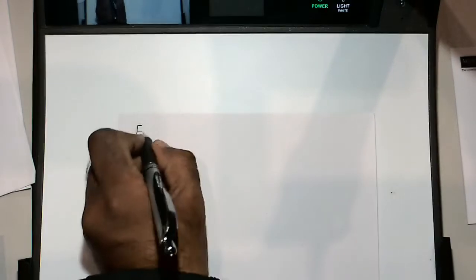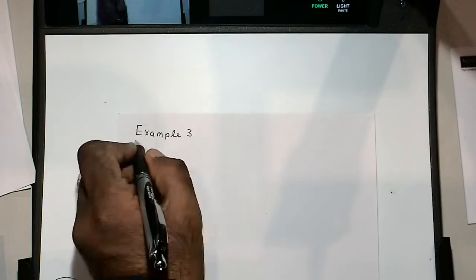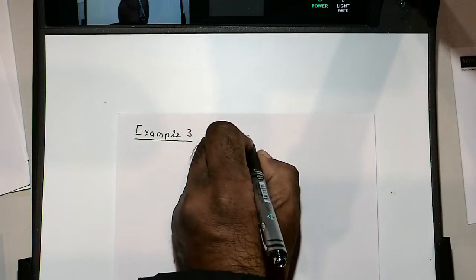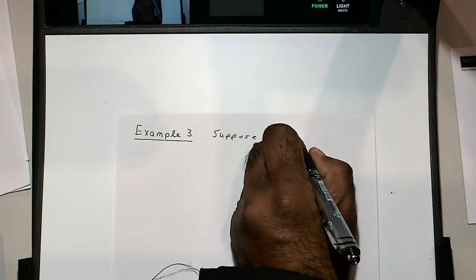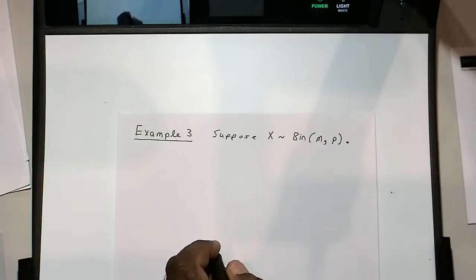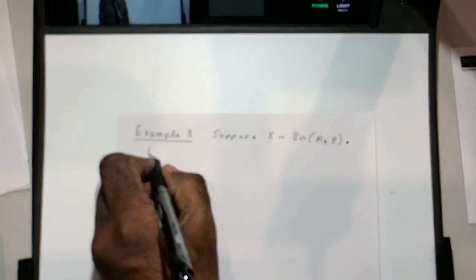So that's example 2. Now example 3. Example 3 is, just a minute, let me try to find an example here. Okay, suppose X is binomial with parameters m and p.